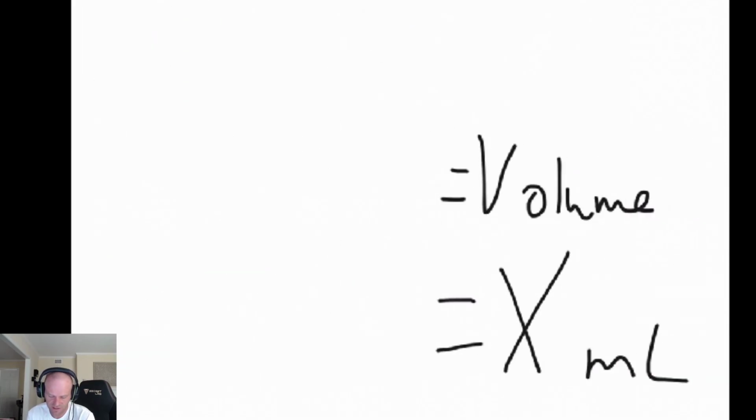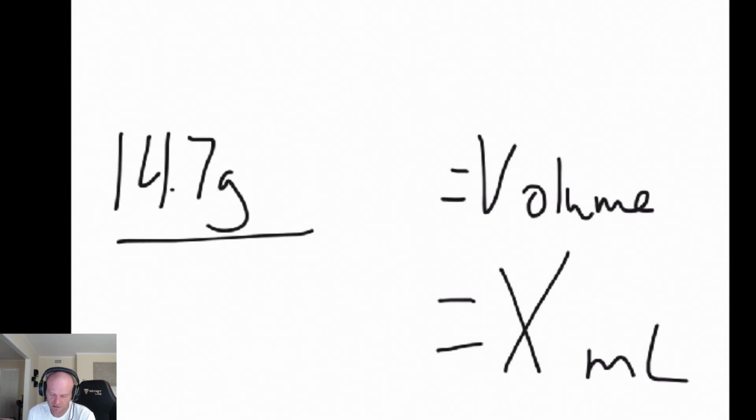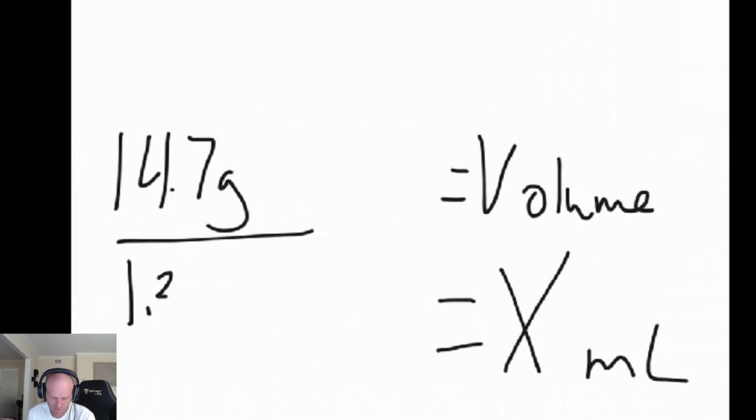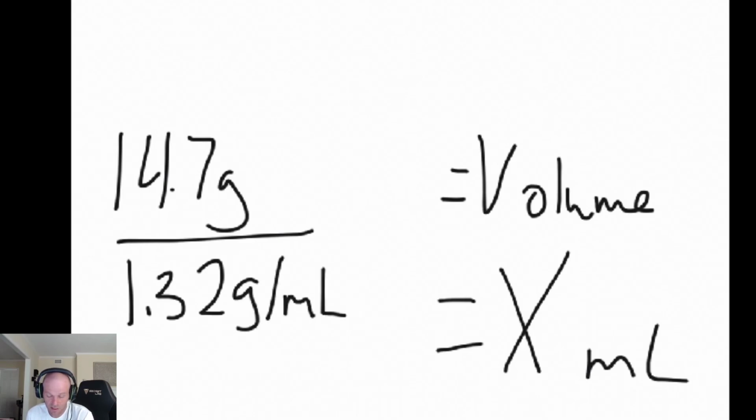So set this up again. 14.7 was my mass, divided by the density, which was 1.32 grams per milliliter. If you can't really see it the way I've set it up here, let me set it up a little differently. 14.7 grams over 1, divided by 1.32 grams per 1 milliliter.